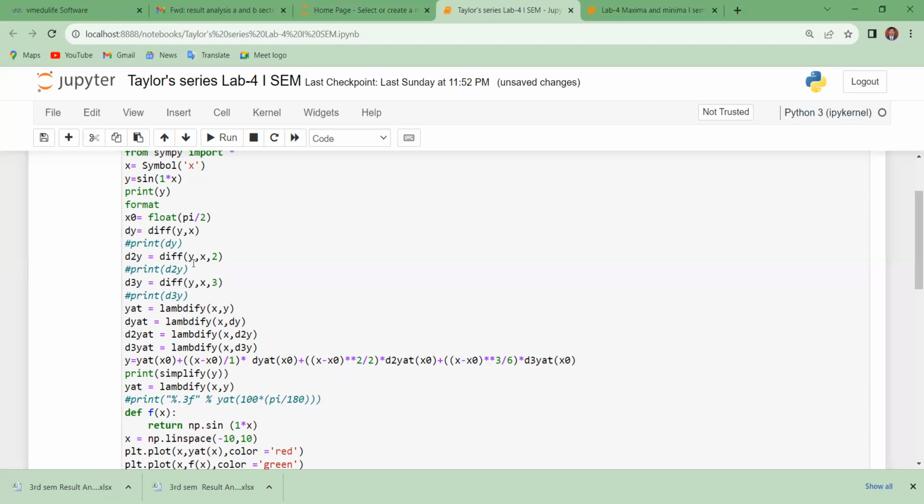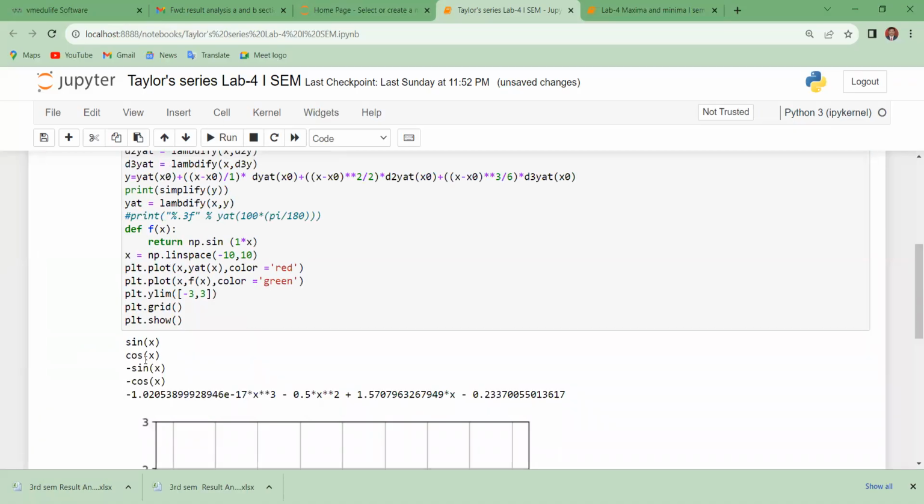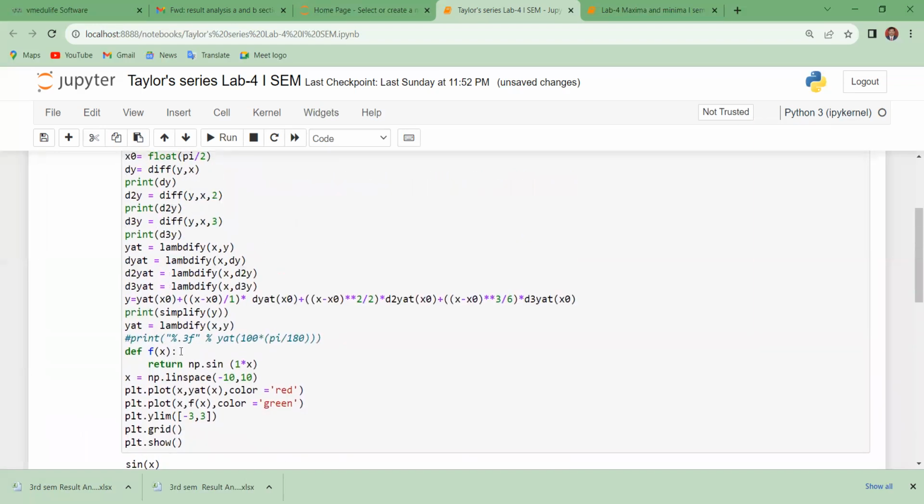Differentiate y with respect to x twice, that is stored in d2y. Differentiate y with respect to x 3 times, that is stored in d3y. We can remove this hash symbol and then run. Sin x, cos x, minus sin x, minus cos x like that.